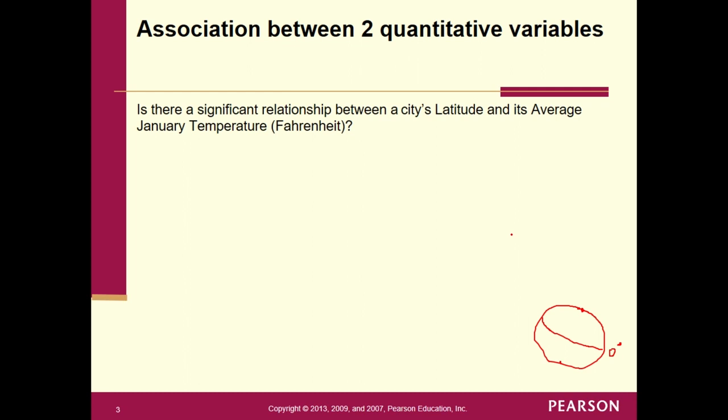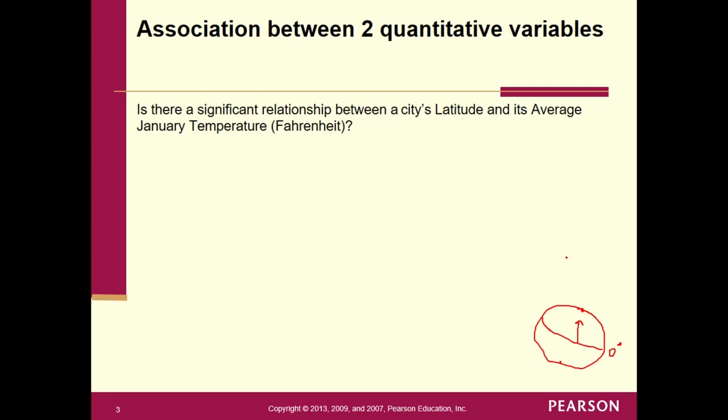So, let's think about this. If you're in North America, say in Florida, and it's January, it's probably going to be reasonably warm. Then as you move north on the globe, average area temperature is going to go down.